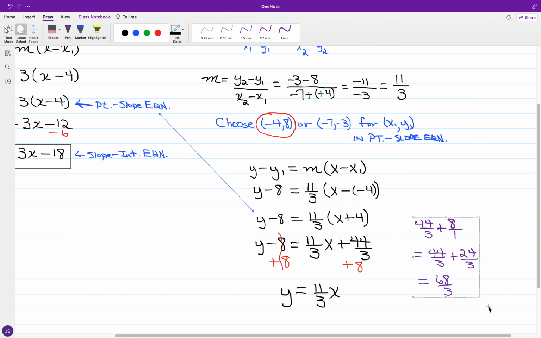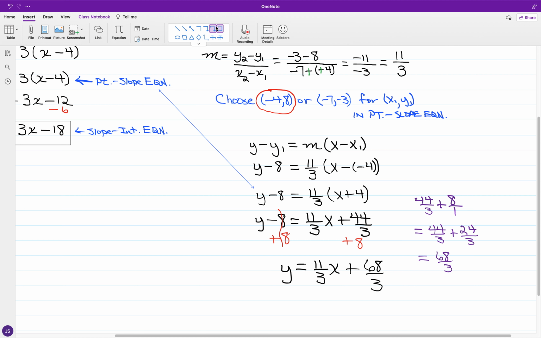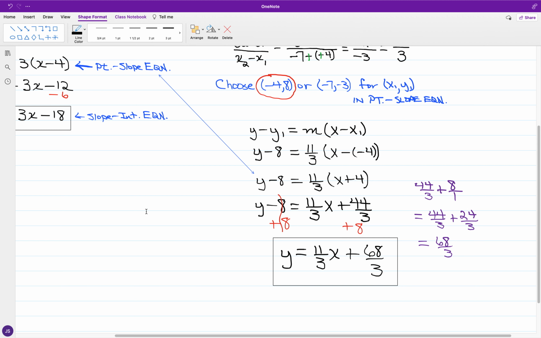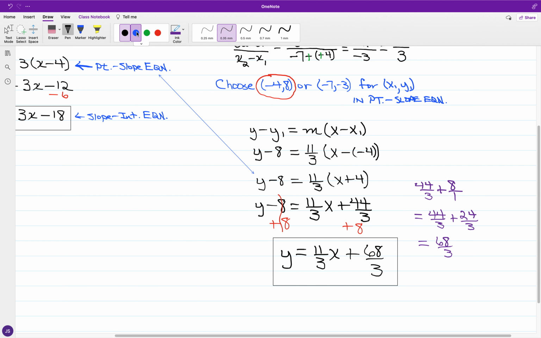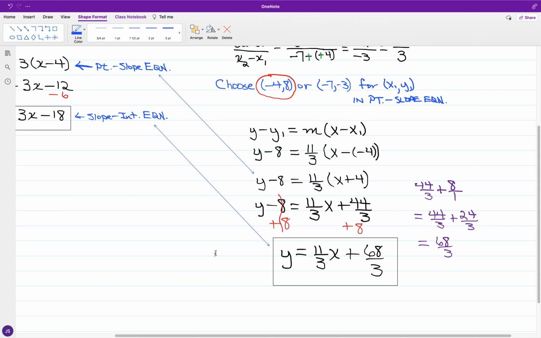So in the case of the slope-intercept equation, we have y is equal to 11/3 of x plus 68/3. For this problem, that is the slope-intercept equation.